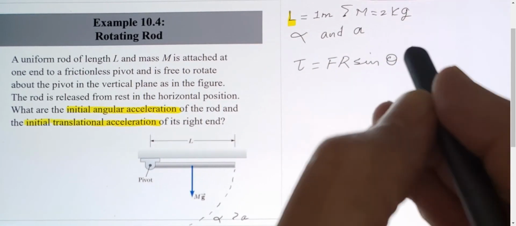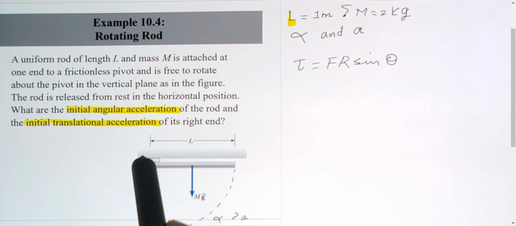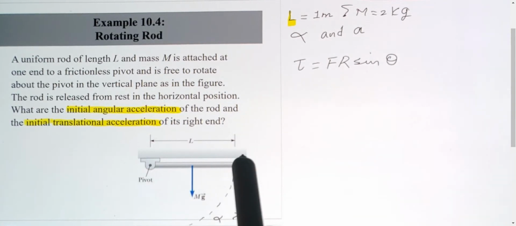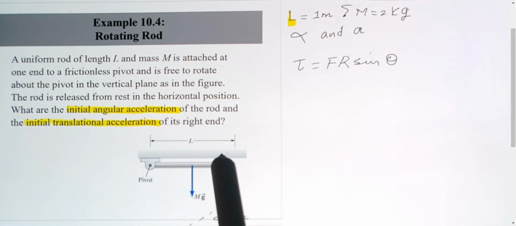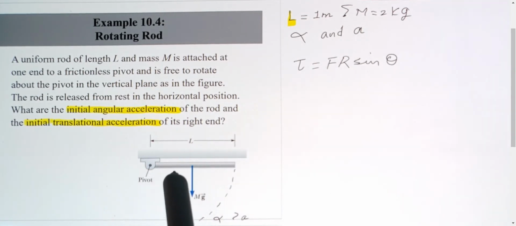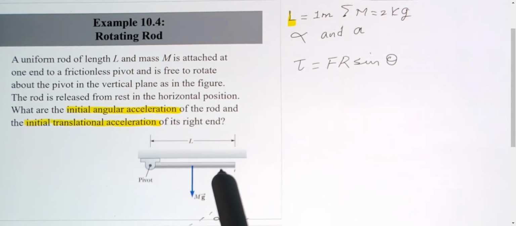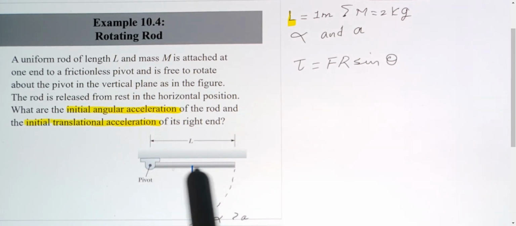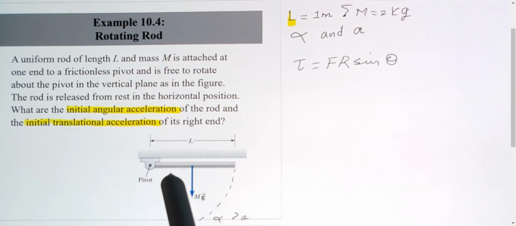I'm not talking about L, because we are going to consider the center of mass. The gravitational force will work as if the whole object is just a center of mass, a dot, and accordingly we will apply the force.